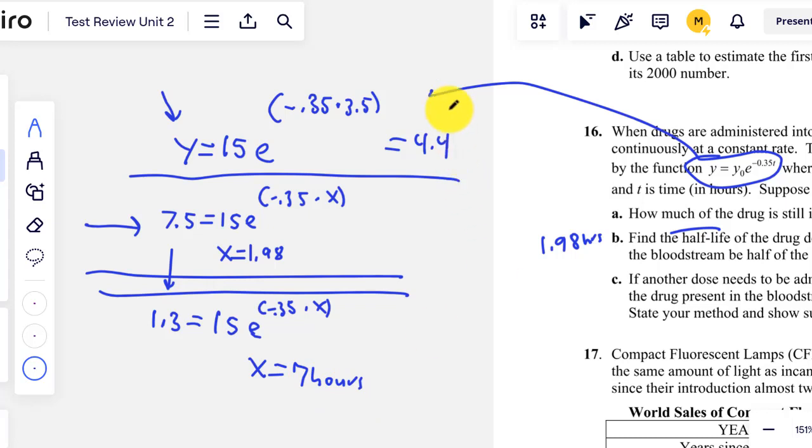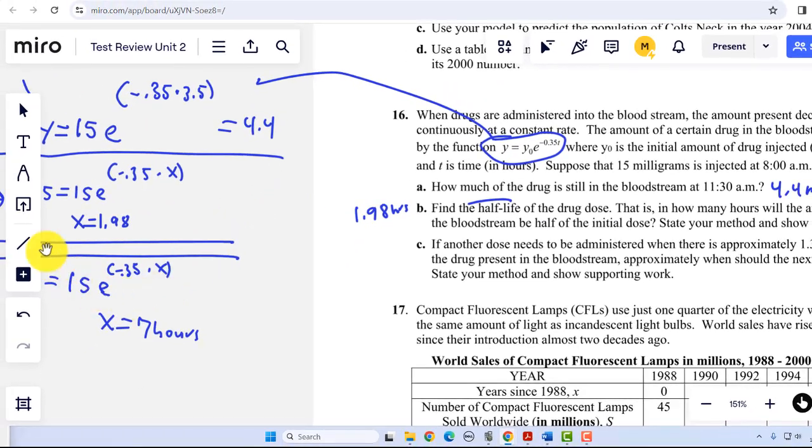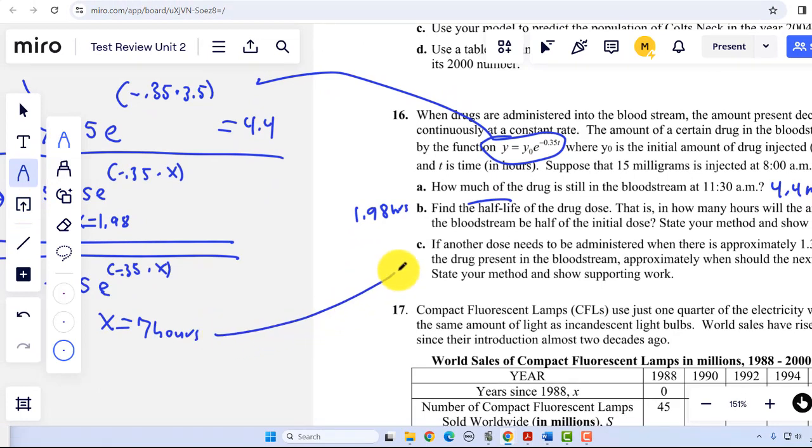And if you want to know the exact time, 7 hours after 8 a.m. would be 3 p.m. And that's your answer for 16C.